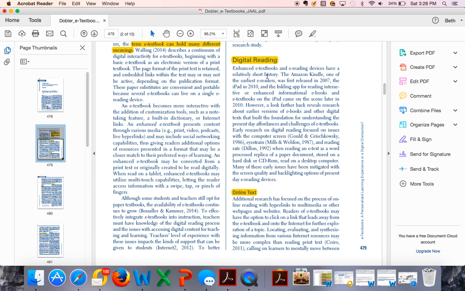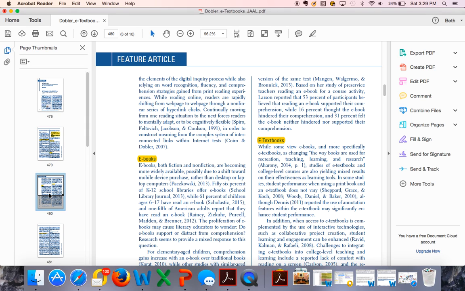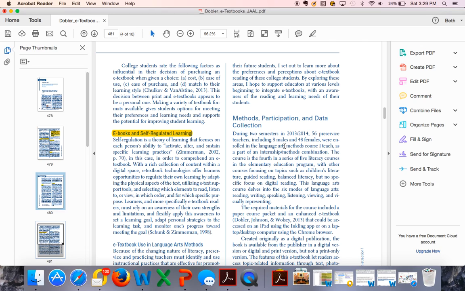So I first talked about digital reading and then online text, because sometimes those are considered to be synonymous. And then I went to ebooks, and then I went to e-textbooks. And see, all of these are taking me closer to the point I want to make, and then I get to ebooks and self-regulated learning.